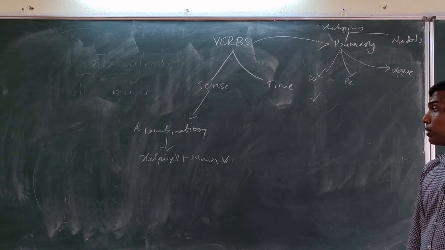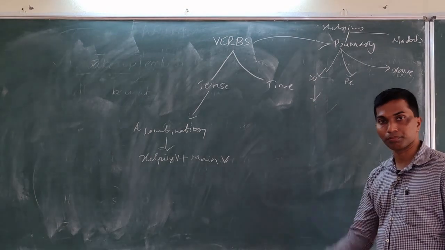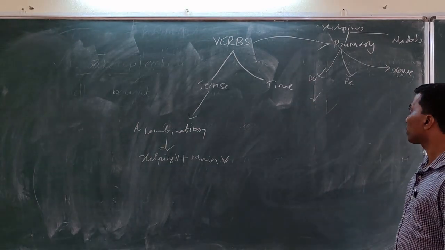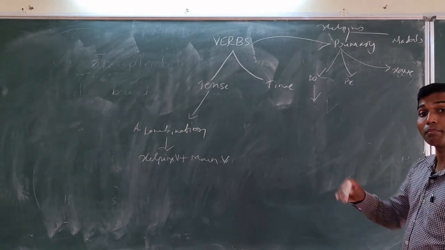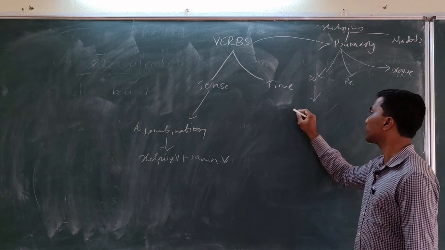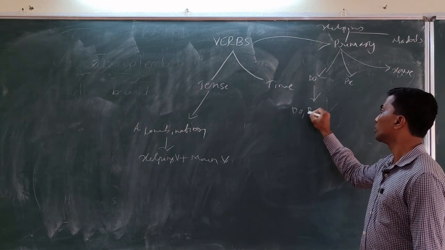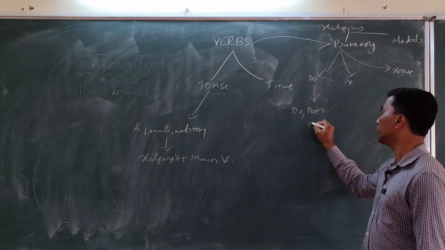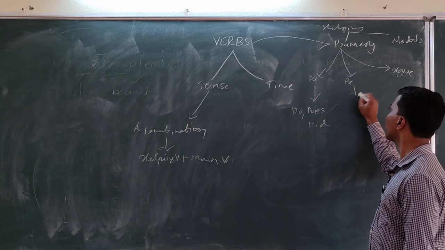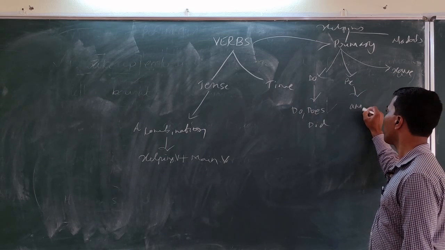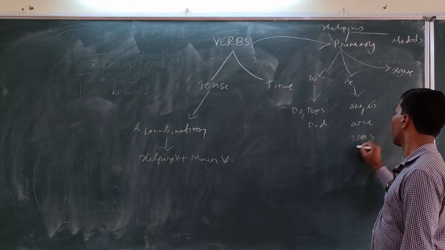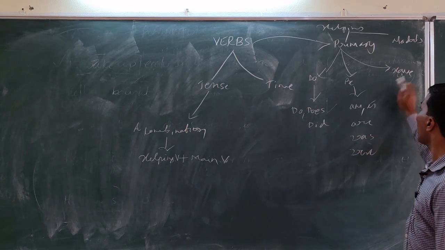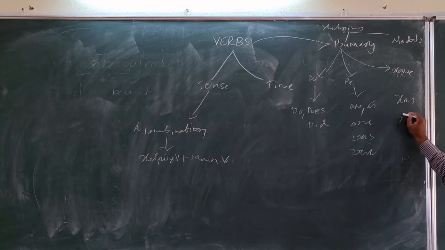Next, a particular form of a main verb. Okay, we'll look at it again later. Now, do has forms: do, does, did. Be has forms, everybody knows, I believe: am, is, are, was, were. Have has forms: has, have, had.